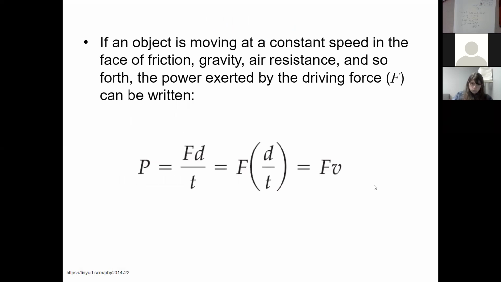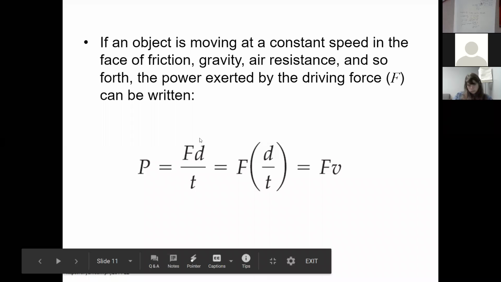If you have an object that is moving at a constant speed, that probably involves friction force, gravitational force, air resistance force, and so on. Because for constant speed, the object will have no net force on it, so you probably will encounter several forces that cancel out each other. When that happens, the power can be written as follows. P is equal to work over T, and work is F times D, right?